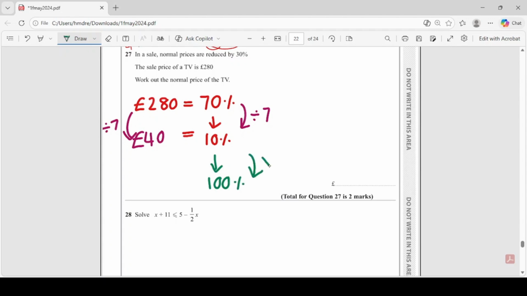We have to times both sides by 10. £40 times 10 is £400. We can see this was the normal price before the 30% was taken off.